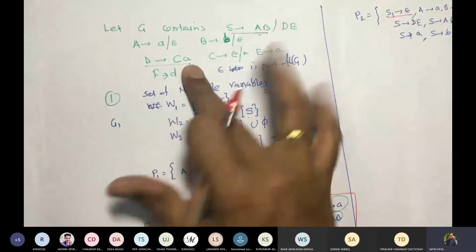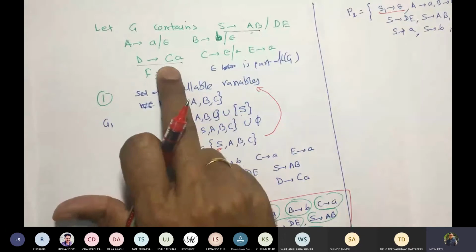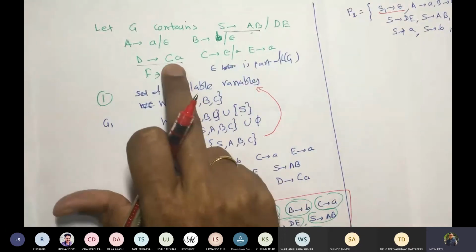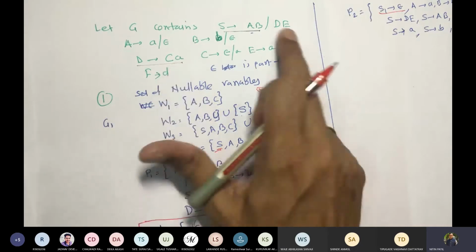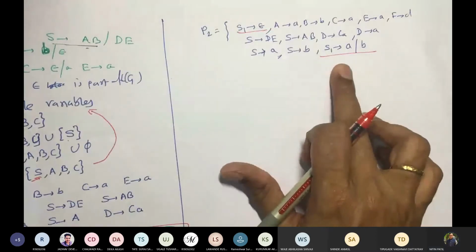And D results in A and A. Correct? If I keep replacing this D by C, so C on, so A, so either I will replace A, C by A or epsilon. So if I take A, then AA would be there in place of D and E gives A. So 3 A's would be there, which cannot be generated from here. Fine.